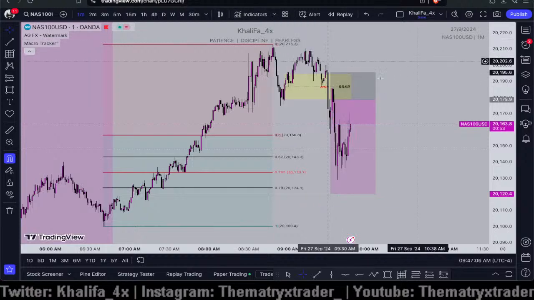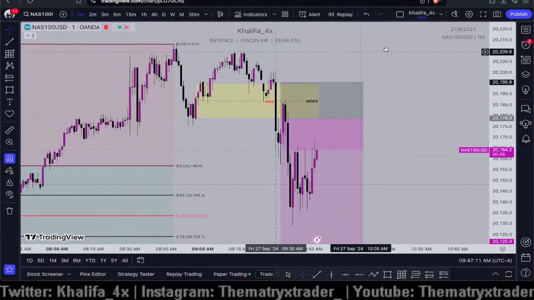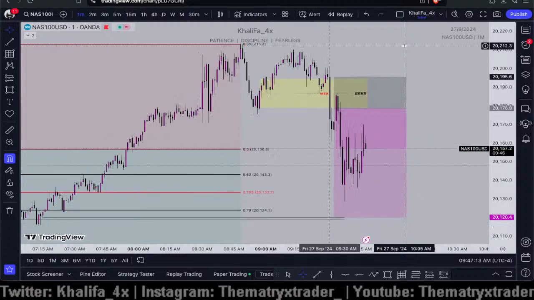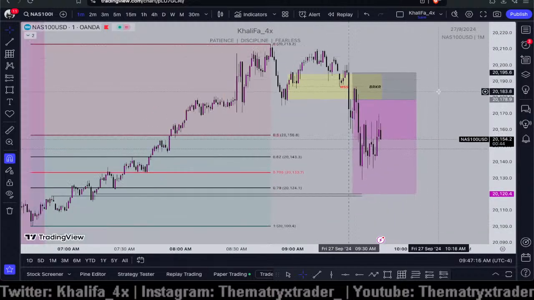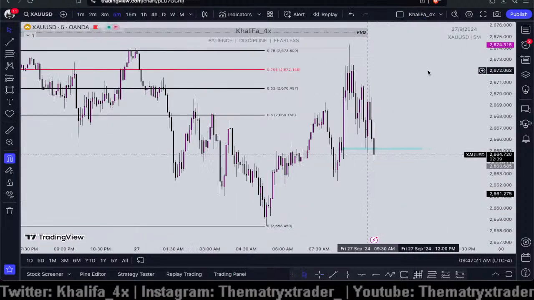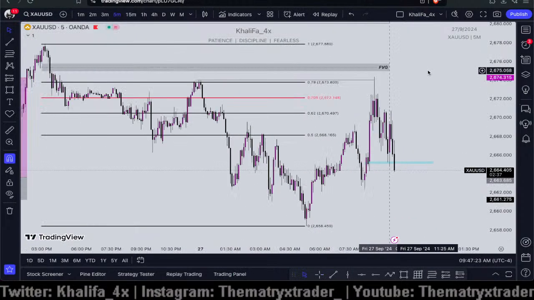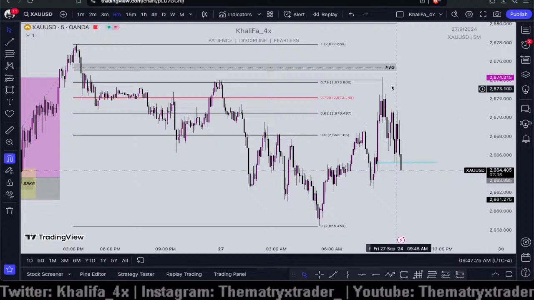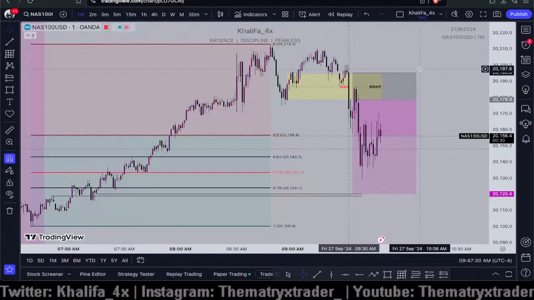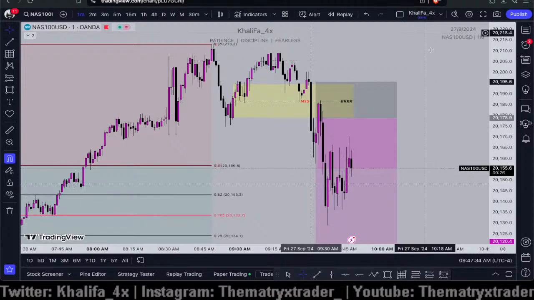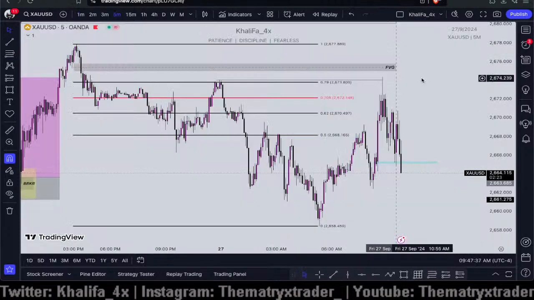Okay, let me turn on the macro. Here we have this. See, neat and clean price action on the gold.